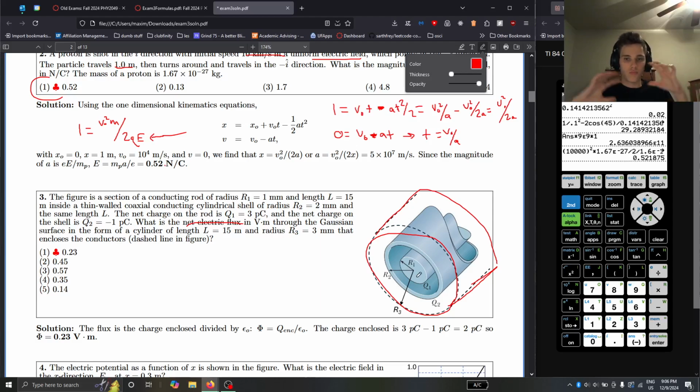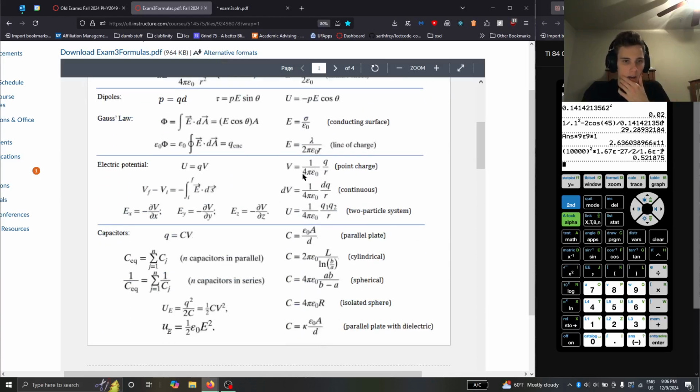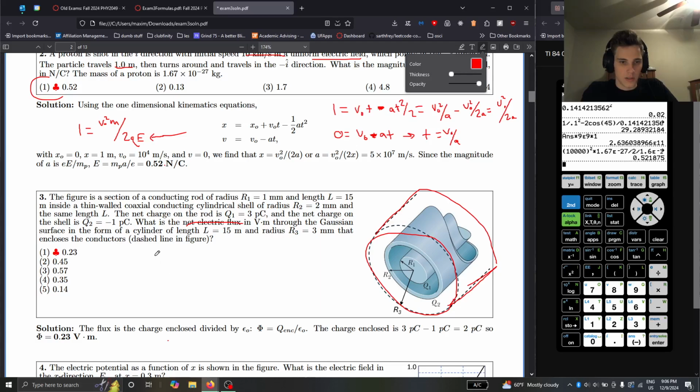So effectively, we're encircling the entire cylinder, and we want the net electric flux through that. Let's see what we can do. Electric flux, this is the one that kind of jumps out. E naught times electric flux is equal to charge enclosed. So let me write that down: E naught times electric flux is equal to charge enclosed.